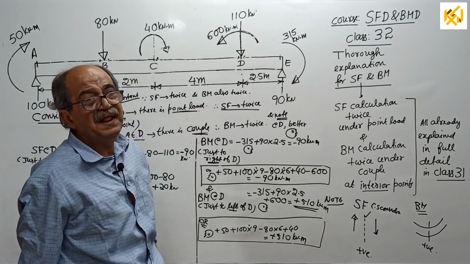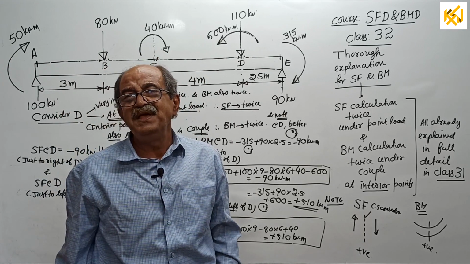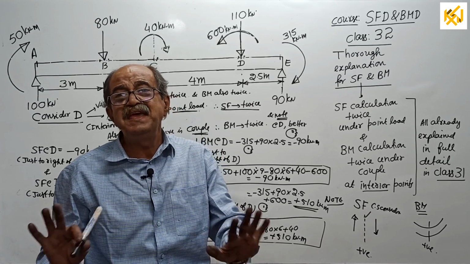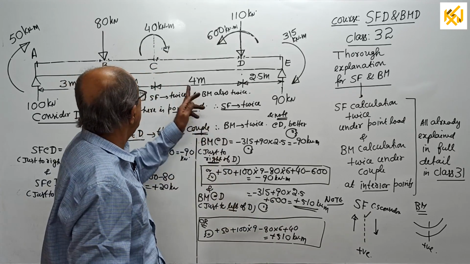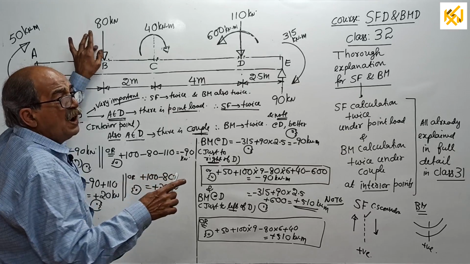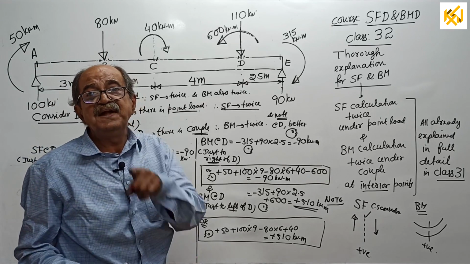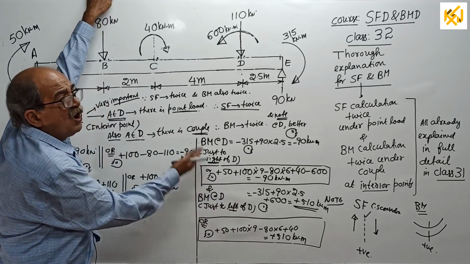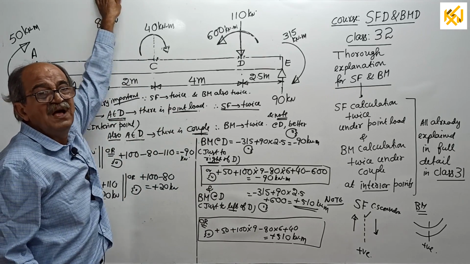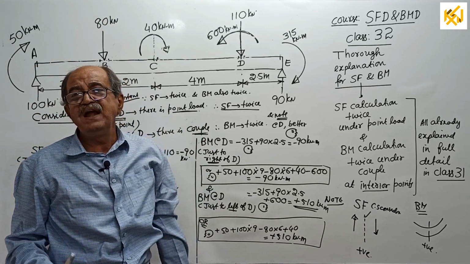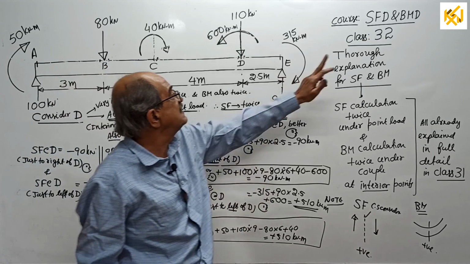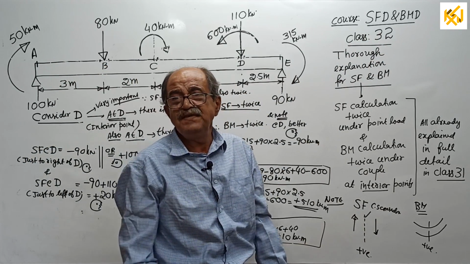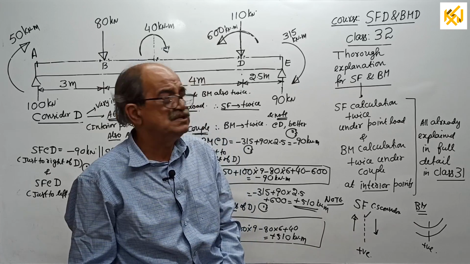And I will tell a trick for how to draw SFD without using any calculation. Then, for BM also, I will tell the easiest way or the tricks in the next class. How much is required, I will write only that much in the next class 33. I will upload it as early as possible.